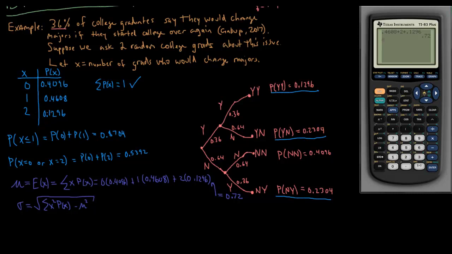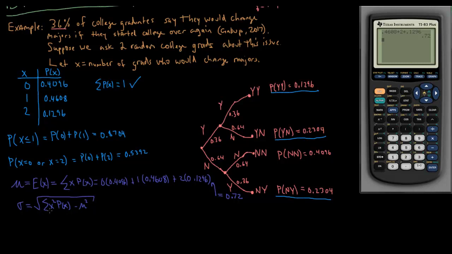Both people wanting to change their major only has a 0.12 probability. But if you take this into account, on average 0.72 people would want to change their major. So not quite one whole person would want to change their major on average. Even though we're only dealing with whole numbers as far as x, the mean can be not a whole number because you're working with decimals. So that's fine.